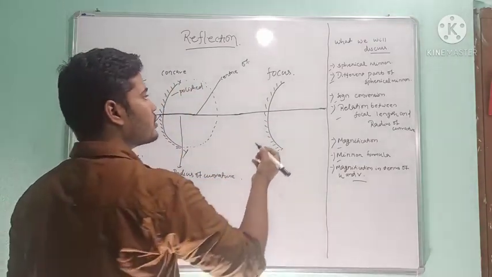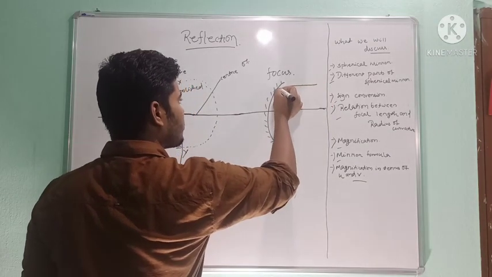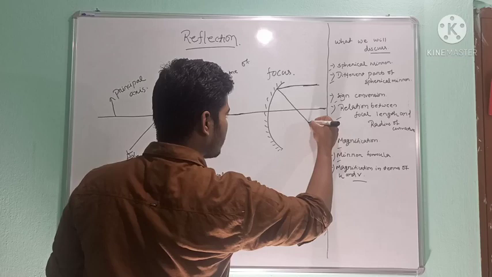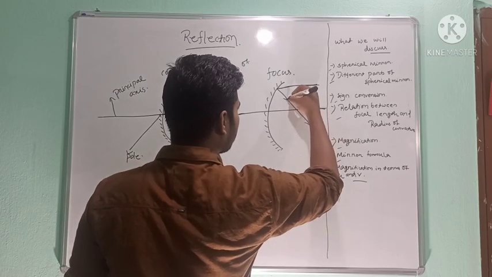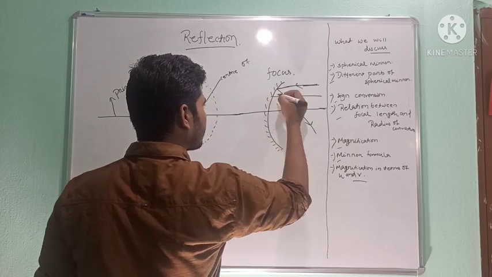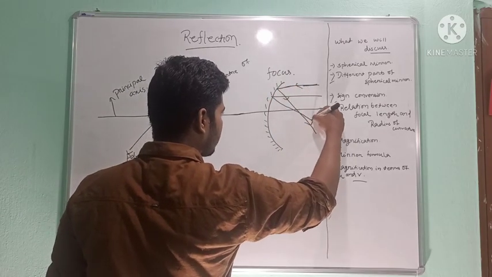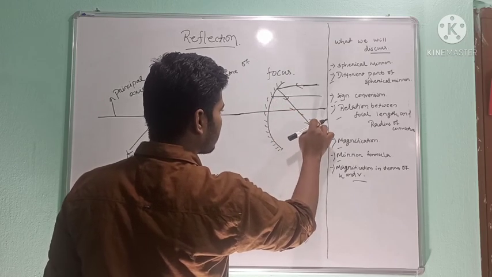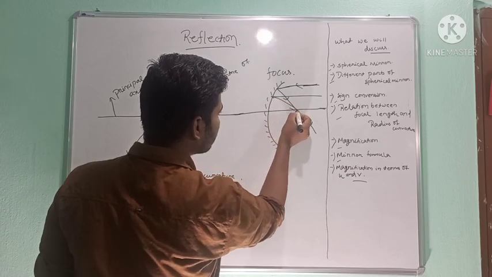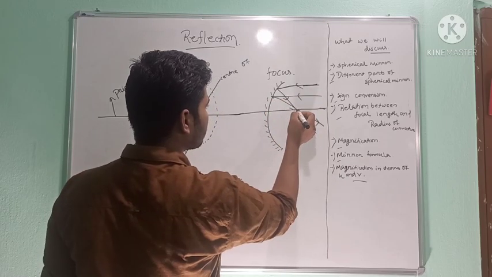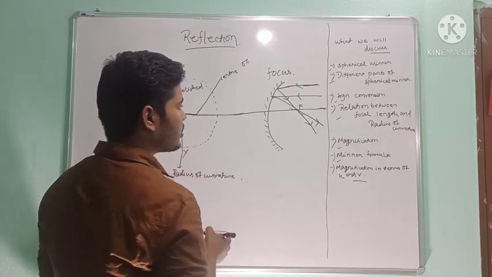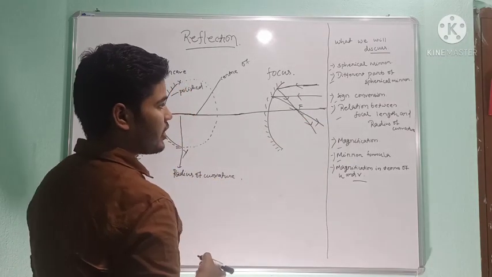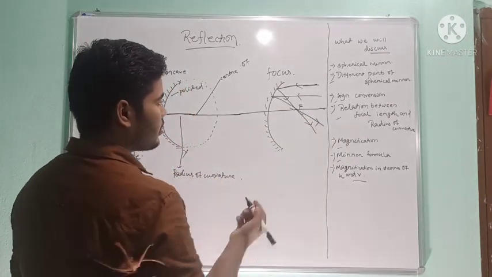Converging means they will meet at the same plane from where they come from. This is the focus, where the reflected rays are intersecting.